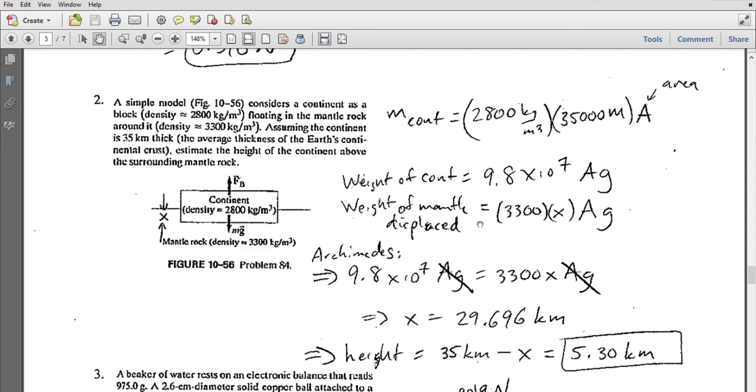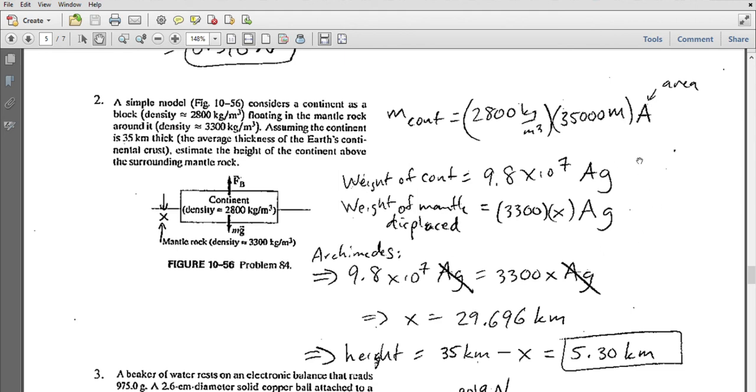And that is equal to the density of the mantle fluid times the volume of the mantle fluid displaced. Well, the volume of the mantle fluid displaced is the cross-sectional area A times x, right? Whatever volume is sitting underneath the fluid. So A times x is the volume of the mantle fluid displaced. That times density gives mass of the fluid displaced, times little g gives weight of the fluid displaced.